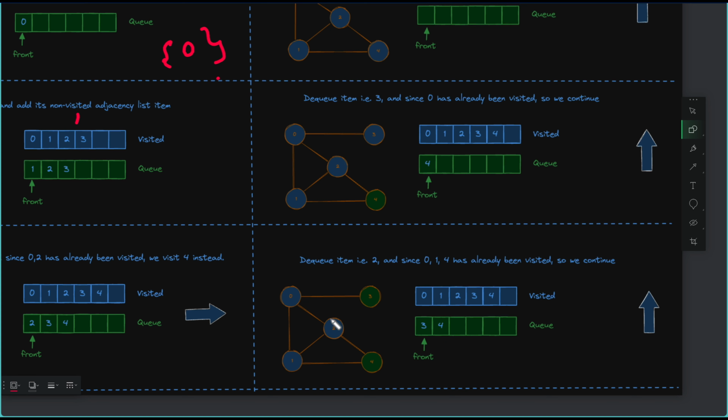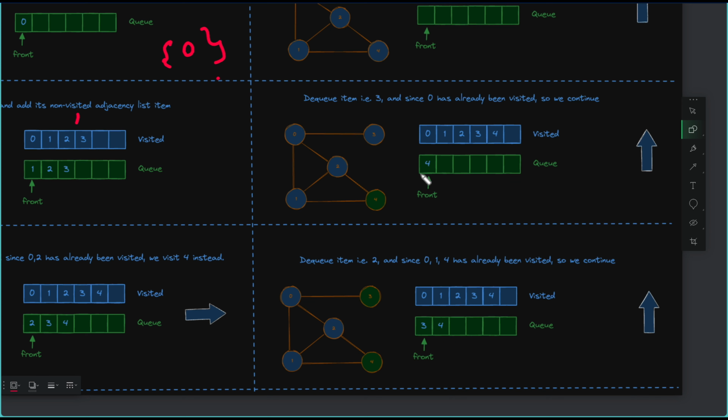Again, we repeat the same process: are there any new neighbors of 2 which are not yet visited? In this case, the answer is no, because we have already visited 0, 1, and 4. So there is no new neighbor here. Now we mark 2 as processed, so our BFS traversal is now 0, 1, 2.